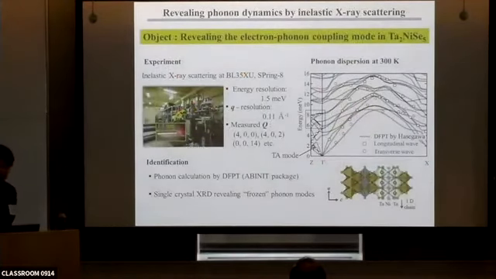Therefore, we conducted inelastic X-ray scattering to obtain the overall phonon dispersion in the AC plane. As a result, we obtained experimental data which show very good agreement with DFT calculation of phonons. Furthermore, in this study, we succeeded in identifying that this optical phonon mode is responsible for the electron-phonon coupling.